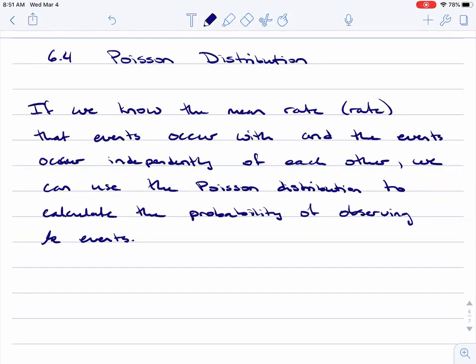So it assumes that we know the rate at which these events are occurring. And so it's not really that far-fetched, but the formula is a little bit weird.